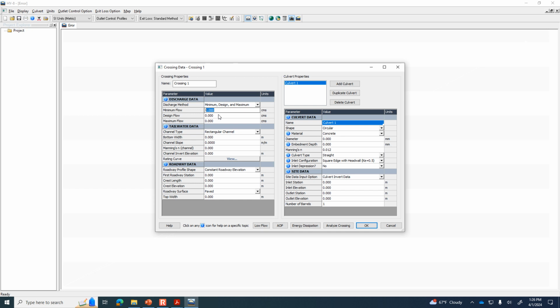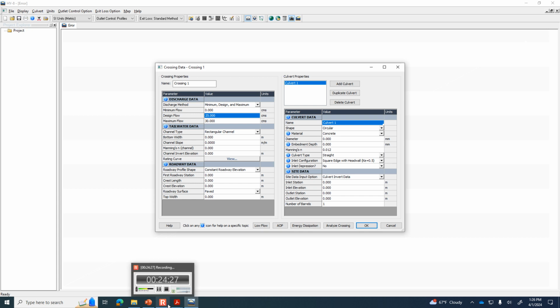But let's just go 0 and then 25 for the design flow and 30 cubic meters per second for the maximum flow. So those are pretty high flow rates. Those are the flow rates you'd maybe see coming out of a 10 square mile watershed experiencing the 2-year storm. Large flow rates.